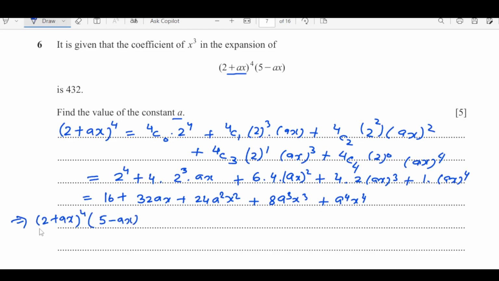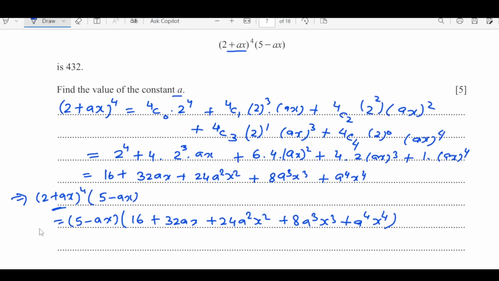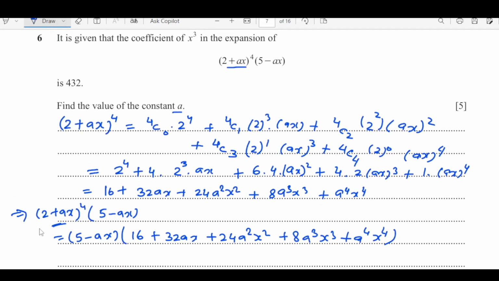I am writing 5 minus ax first, then this expansion we already have: 32ax plus 24a squared x squared plus 8a cubed x cubed plus a power 4 x power 4. Now there is no need to expand this whole thing, because we are looking for the coefficient of x cubed in the expansion.